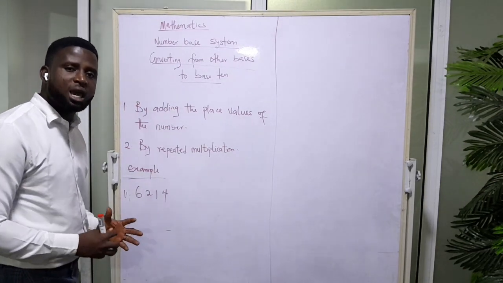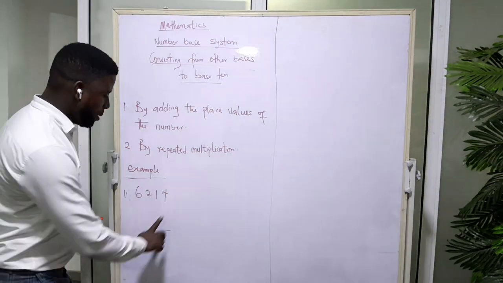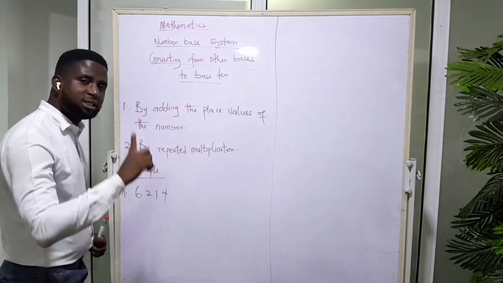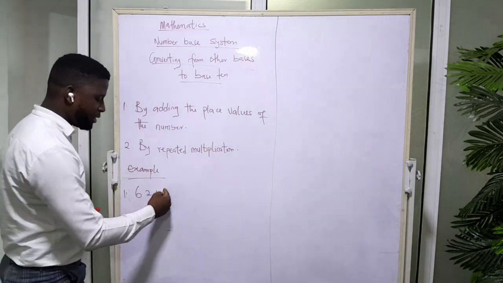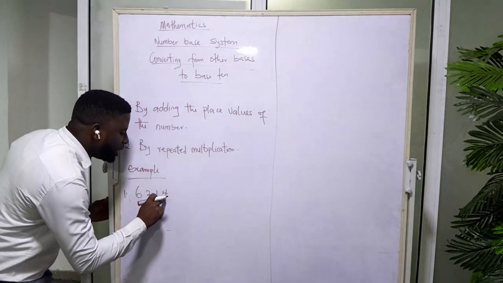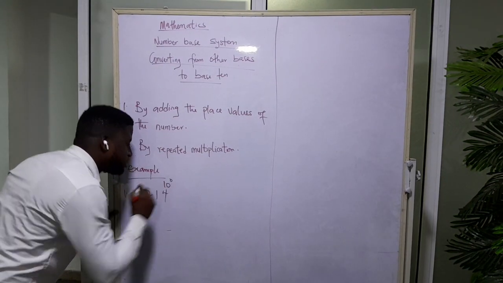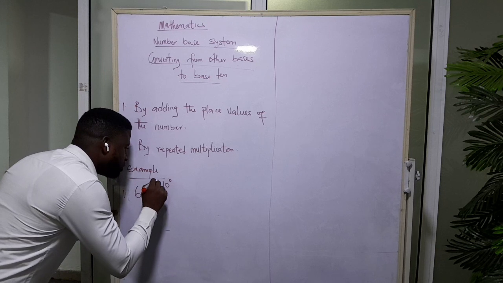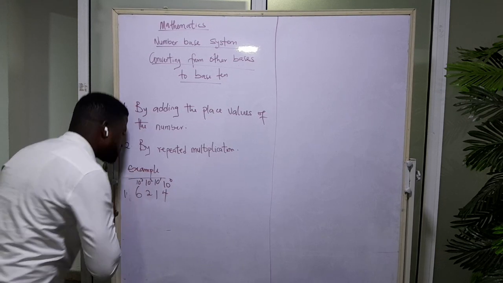In order for us to get the place values of this number 6214, you raise the base, which is 10, to powers from 0 and above, but we are raising it backwards, such that the last number will be given 10 raised to the power of 0. The next number will be 10 raised to the power 1, then 10 raised to the power 2, and then 10 raised to the power 3.